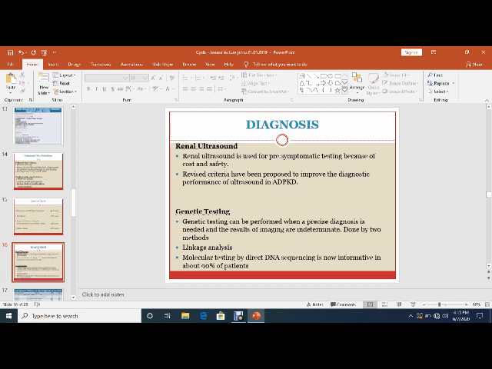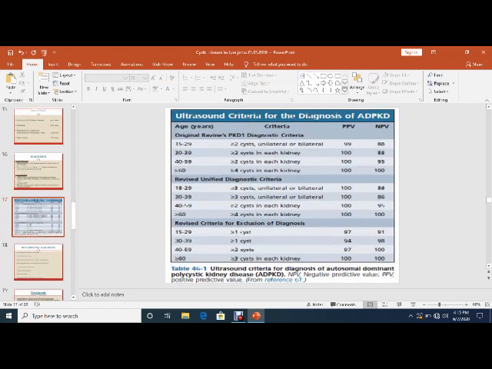Genetic testing is important also. That can be performed when precise diagnosis is needed and results of imaging are indeterminate. These genetic tests are done by either linkage analysis or molecular testing by direct DNA sequencing, and in about 90% of patients it is beneficial.